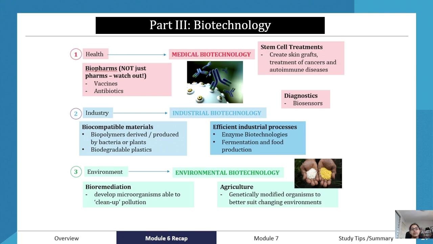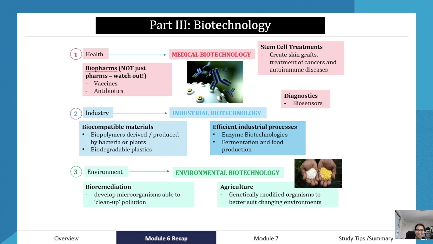So there are 3 different types of uses of biotechnology that we are looking at. Firstly, we're looking at the use of biotechnology in health, so medical biotechnology. Examples of that include, of course, biopharms, but those are not the only one. The big examples of medical biotech are vaccines and antibiotics.